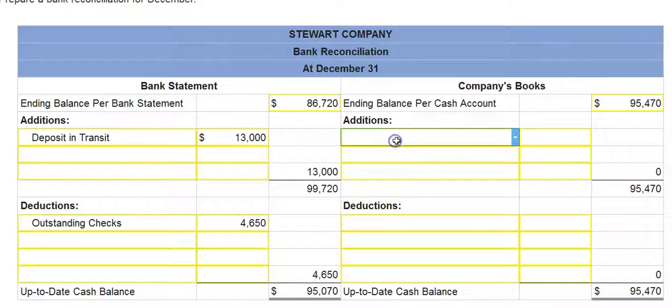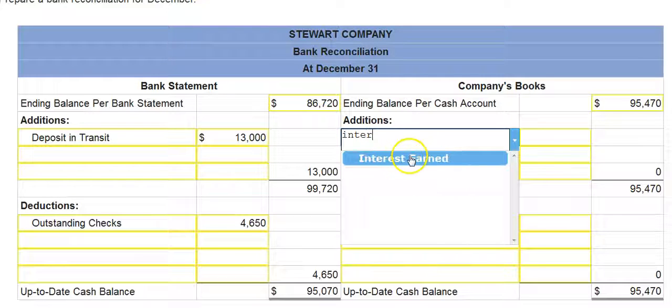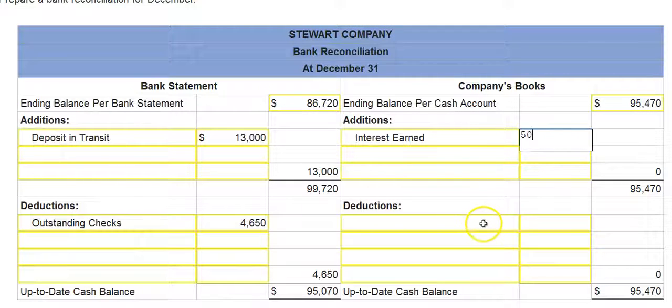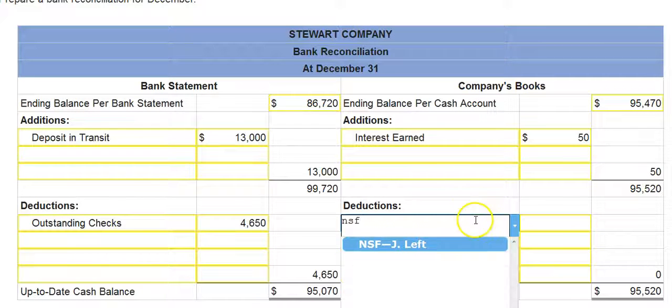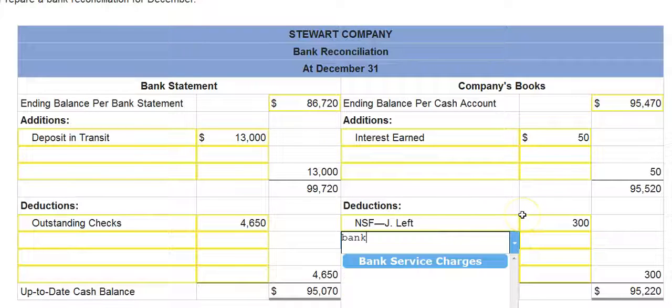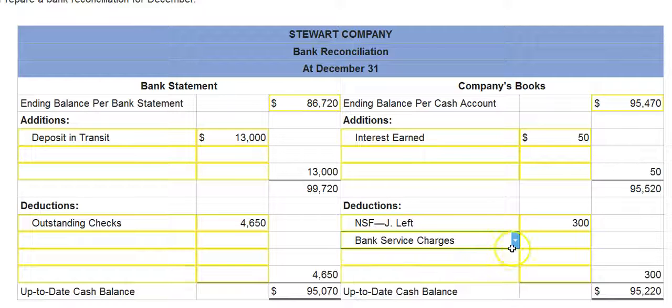So we're going to add the interest earned, $50. We're going to deduct the NSF check, $300, and we're going to deduct the bank service charges for $150. Now just a quick review of what those are.